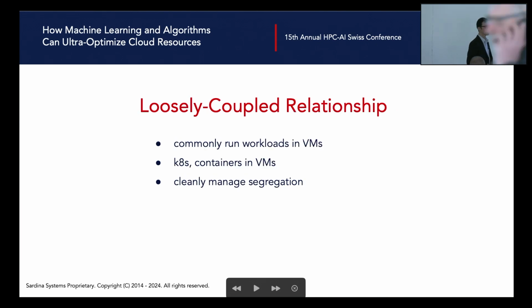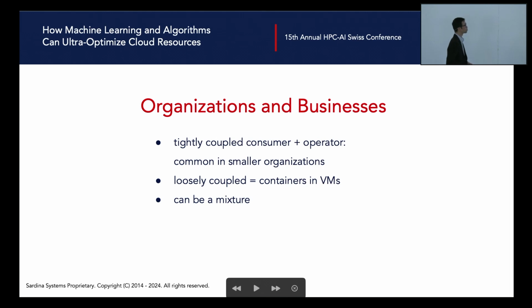As I mentioned a moment ago, if you have a loosely coupled situation, you practically see the operator putting the workloads inside VMs and cleanly managing the segregation.